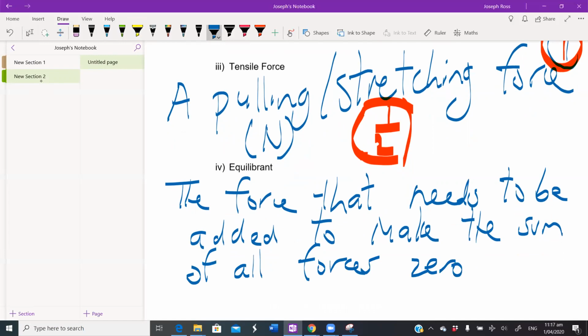Or if you want to look at that another way, the force that needs to be added to put the system in equilibrium, where equilibrium is when the sum of the forces is 0. So that is your definition.